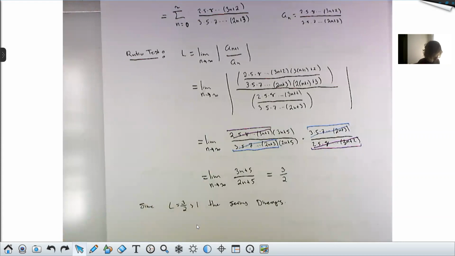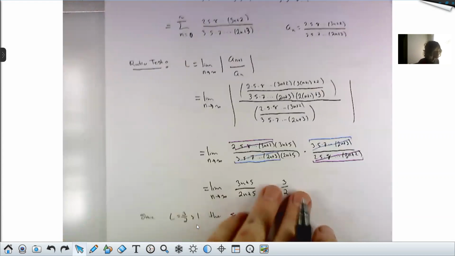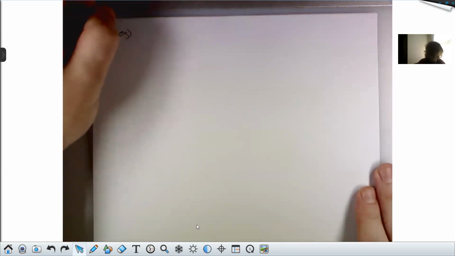I would like to look at one or two other fun, challenging problems here. One of those fun, challenging ratio test problems: I think I gave you guys n factorial over n to the n on your study guide, so I will do the reciprocal series here.